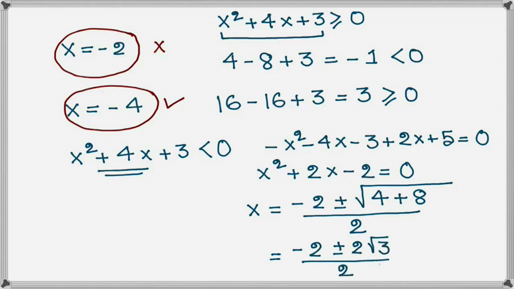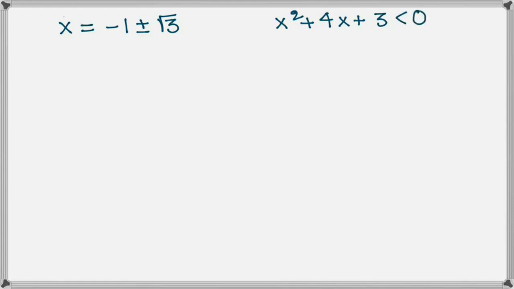So we have x is equal to minus 1 plus minus square root of 3. Now among these two values of x, minus 1 plus minus square root of 3, we shall check for which the condition x square plus 4x plus 3 strictly less than 0 is satisfied.